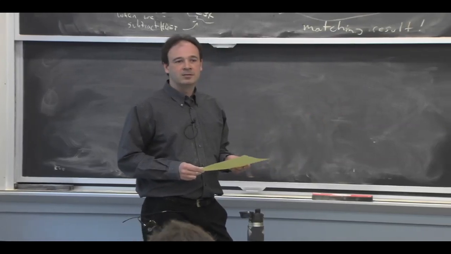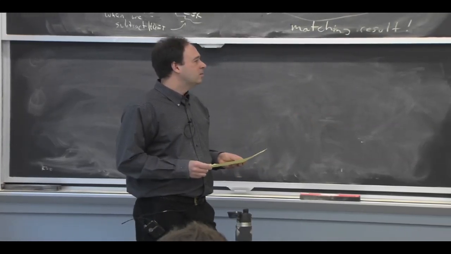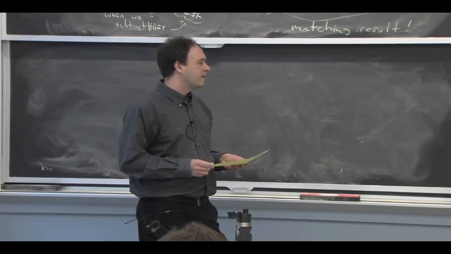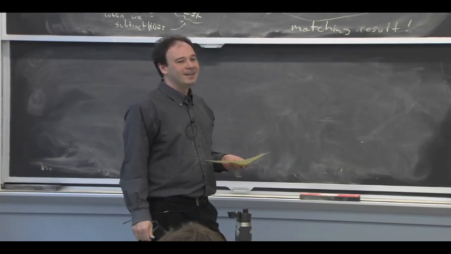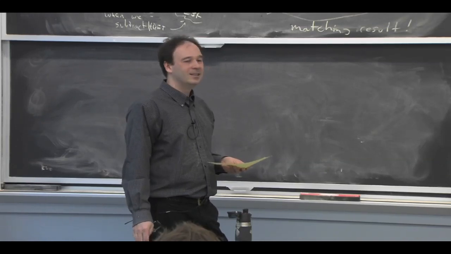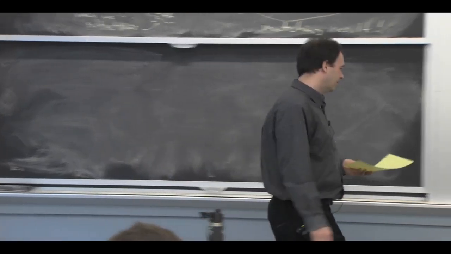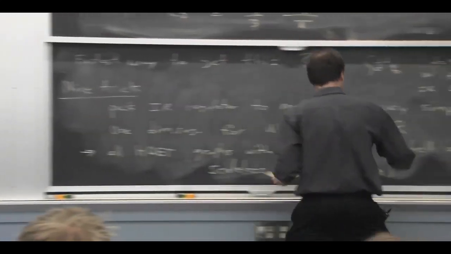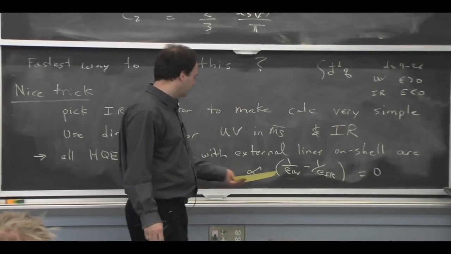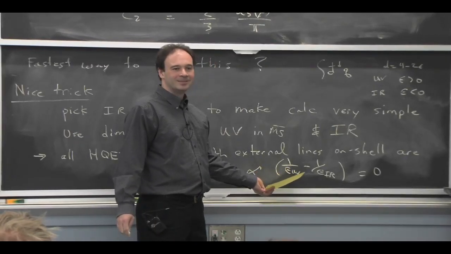Any other? Normally, you will get 1 over epsilon UV and 1 over epsilon IR. Yeah. You need epsilon UV to be greater than 0 and epsilon IR negative. Yeah. But formally, you can set epsilon UV equal to epsilon IR. That's right. So formally, this is 0. And the reason that you have to worry about 0 is because you have to add a counter term to cancel this.